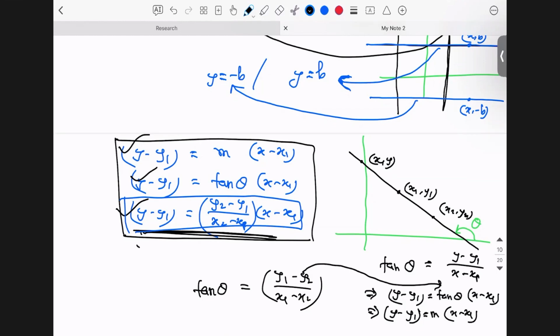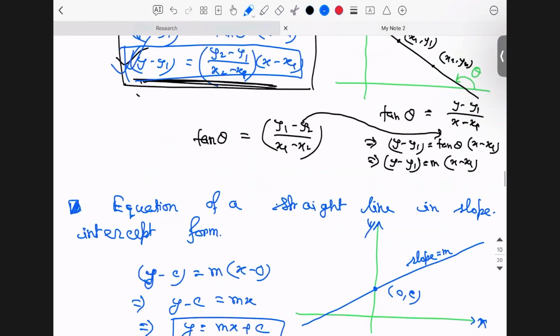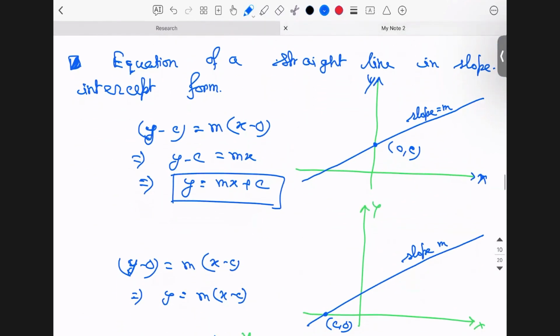And at the last, we have discussed this one, where we have seen that we only know 2 points on that straight line, and using only the 2 points, we can find the equation of the straight line. And also we have deduced some simplification, say some different kind of representation of the straight lines which are passing through either axis.